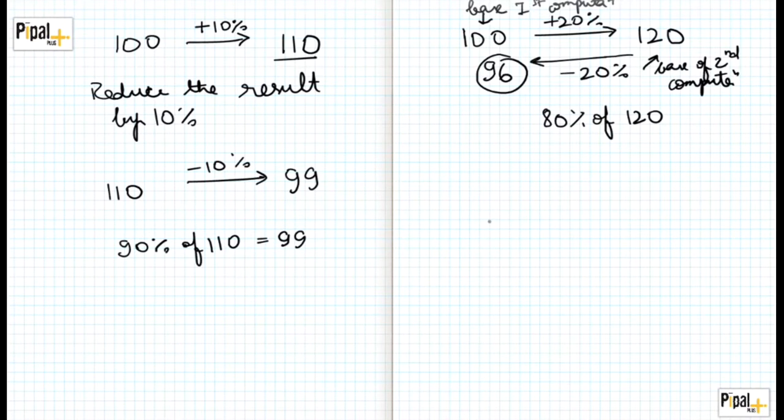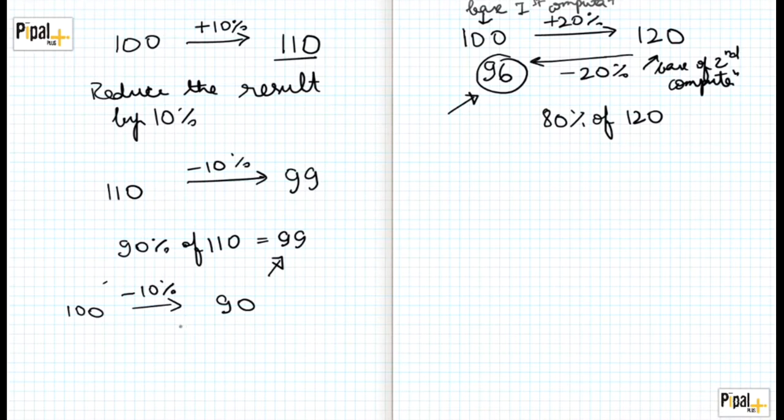So this 96 and this 99 will also be the answer if I reduce something first and then increase. Let's compare this with a situation where I reduce 100 by 10%, and I get 90.